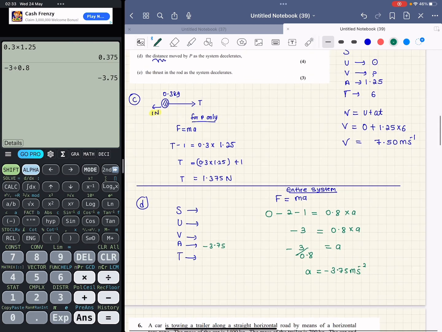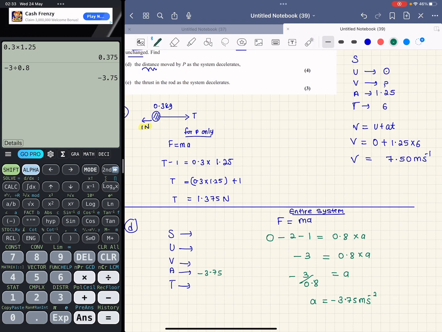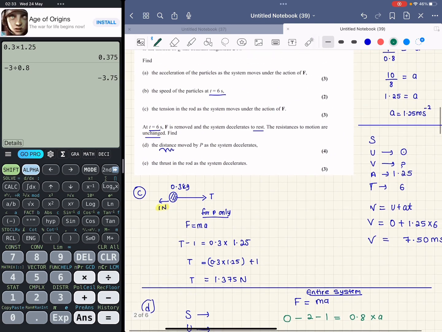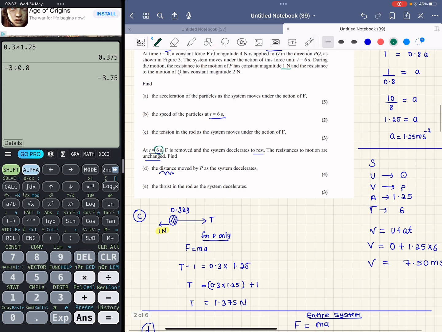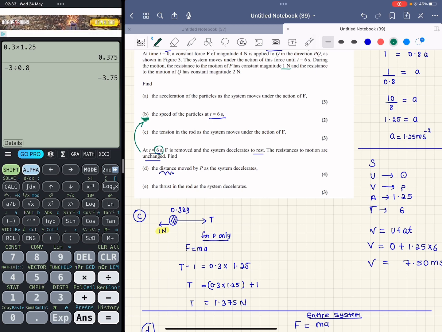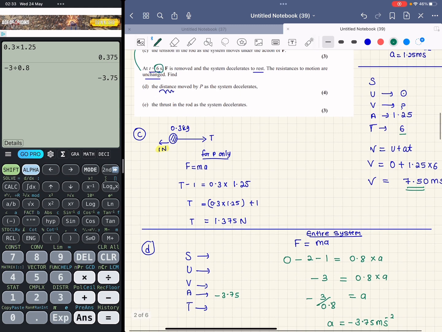We know the final velocity at the point when the force is being removed. At 6 seconds, we've calculated in part B. So always relate back to the previous question. What happened at 6 seconds is the velocity was 7.5. So I'm going to use that as the initial velocity, 7.5. And they said the system is coming to rest. So 0.